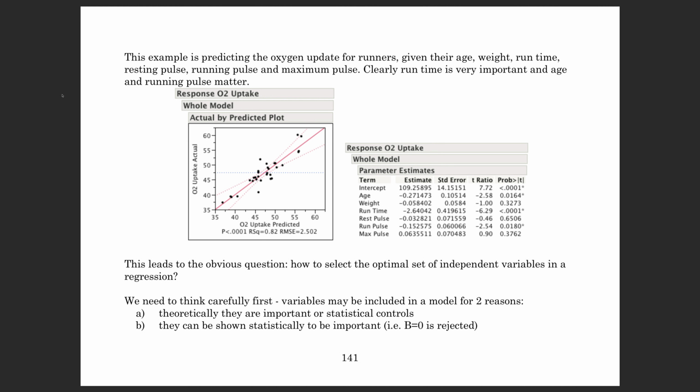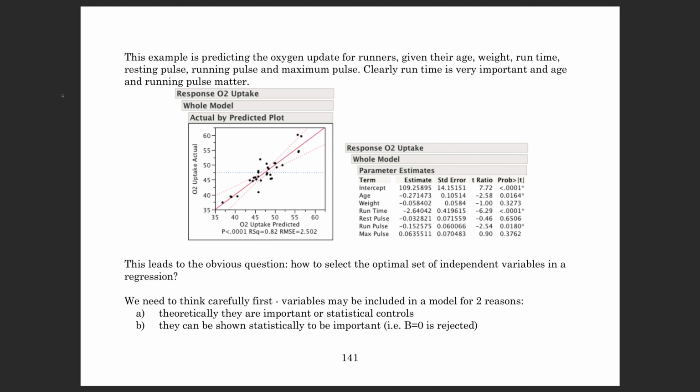The running pulse rate is your pulse rate at the end of your run. But you'll see we also have the maximum pulse rate. You might say, surely the maximum pulse rate will be at the end of the run. But that's not necessarily the case. Sometimes the pulse rate continues to go up even after you stop running.